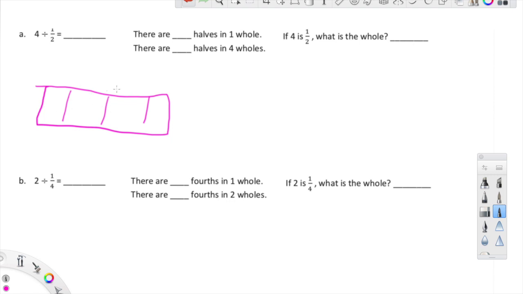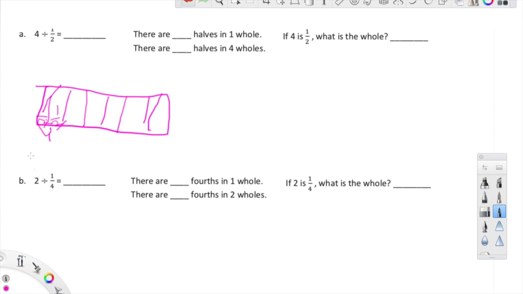So we got 4. And we have to split all of them into halves. So boom, boom, boom, and kaboom. And 2 of them equal 1. And you know why? Because inside of 2 are halves.